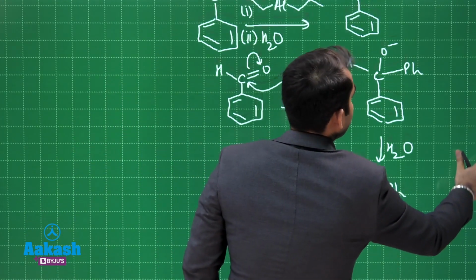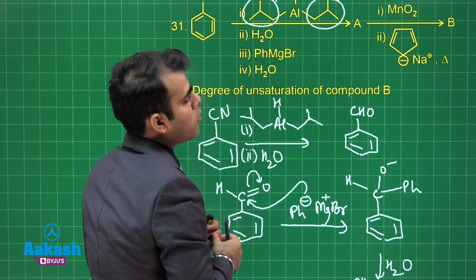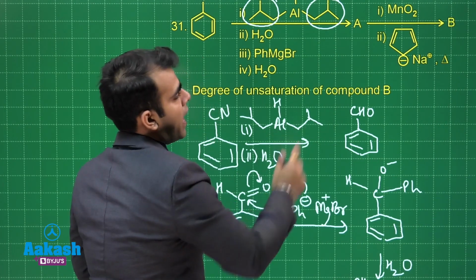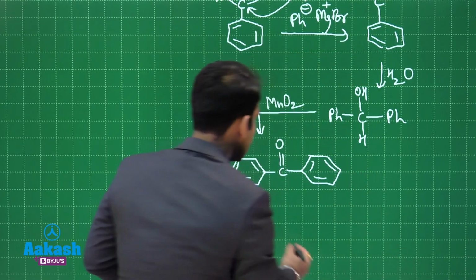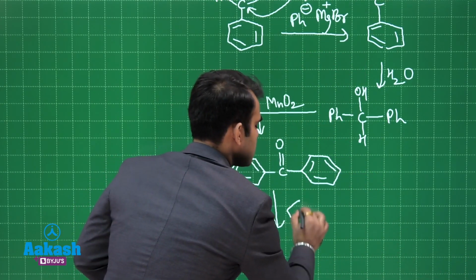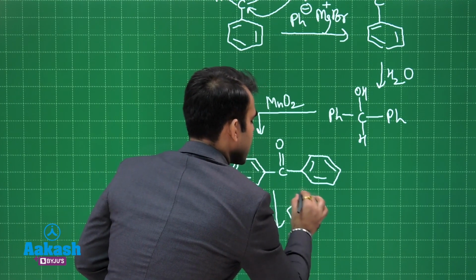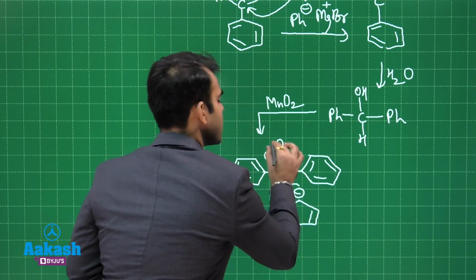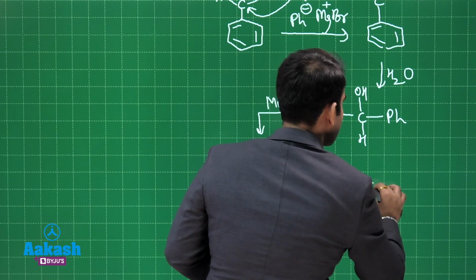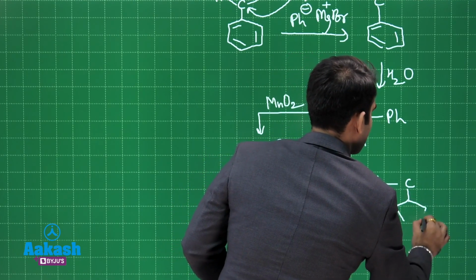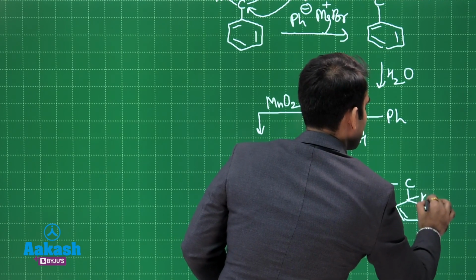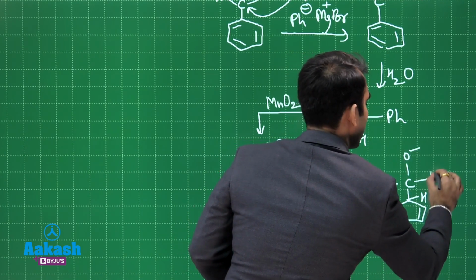Now after that what is happening is we are treating it with cyclopentadienyl anion and then we are heating it. Again it attacks here, this moves here, and we get PhC O minus and Ph.